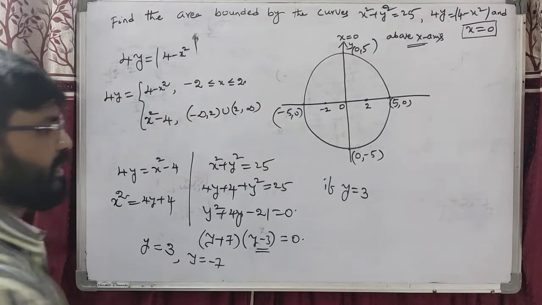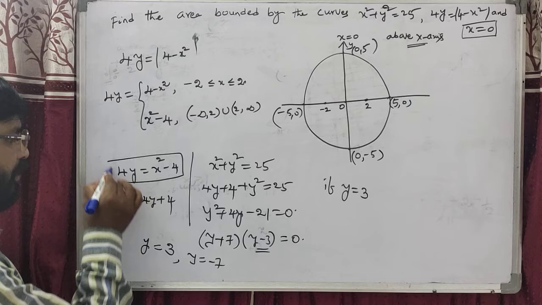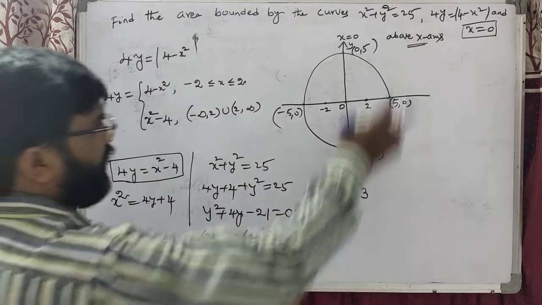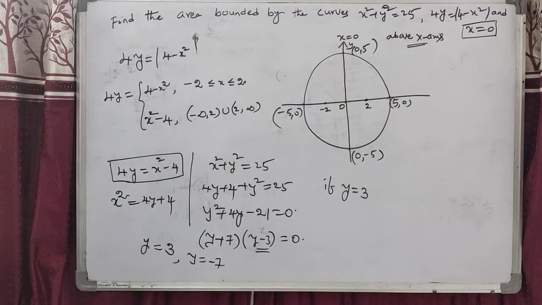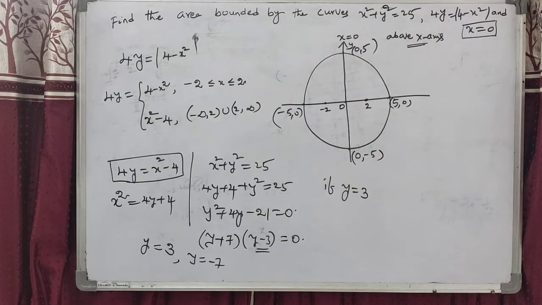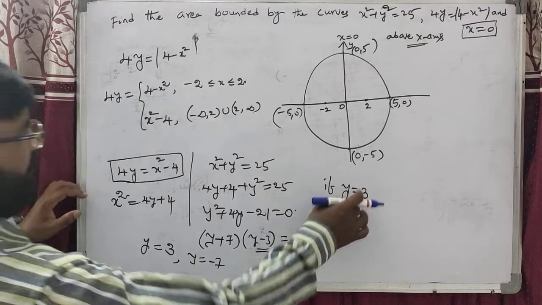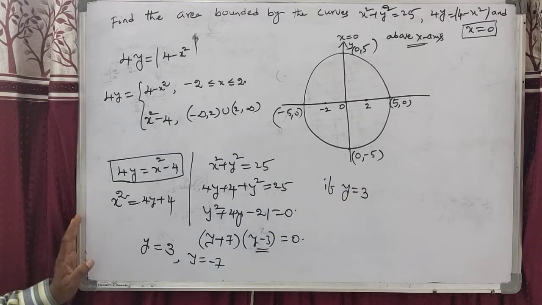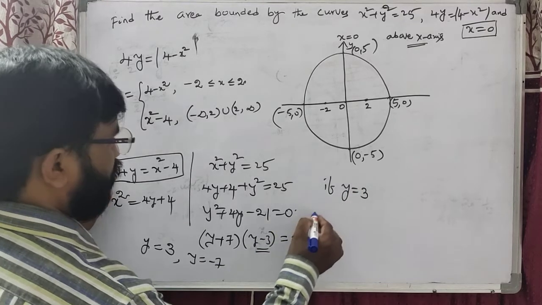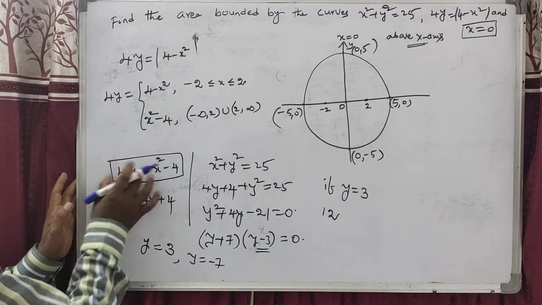When we are taking y is 3, students, now we can identify the x coordinate. Whether you substitute y equal to 3 in either the circle or 4y equal to mod of 4 minus x square. Dear students, now when y is 3, 4 times 3 is 12.